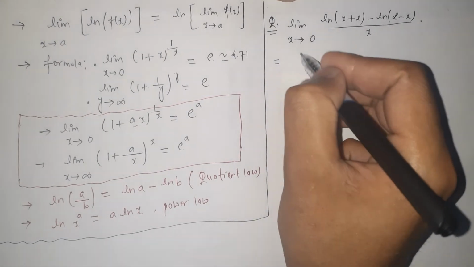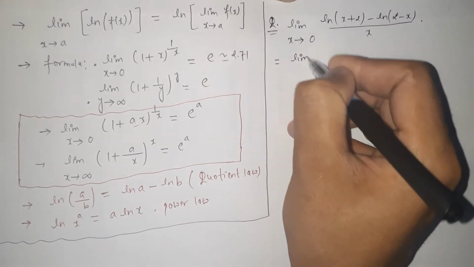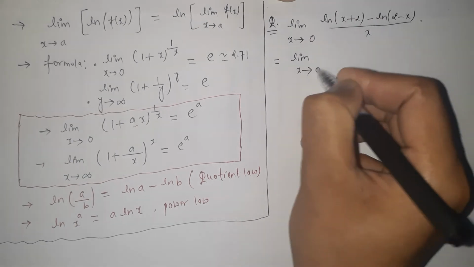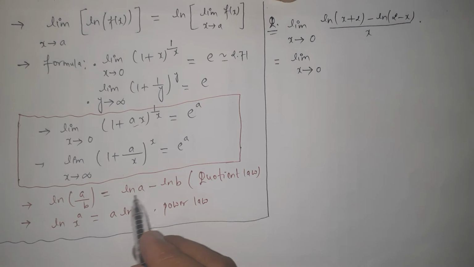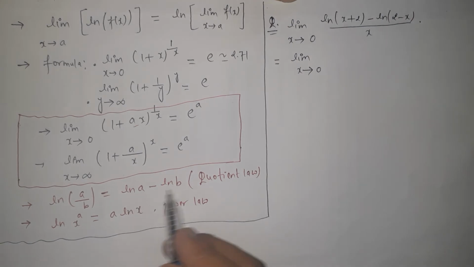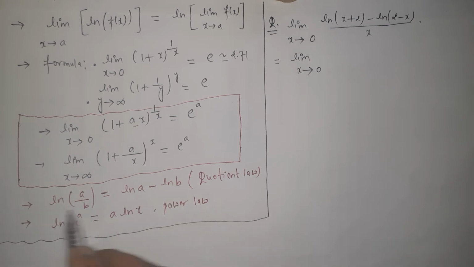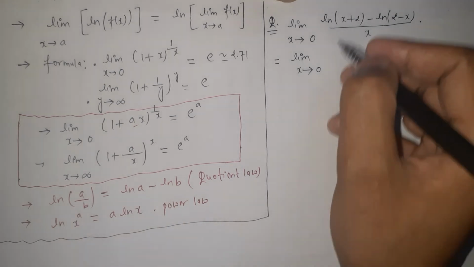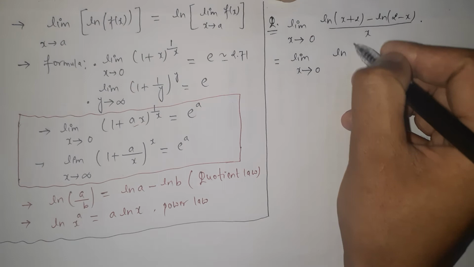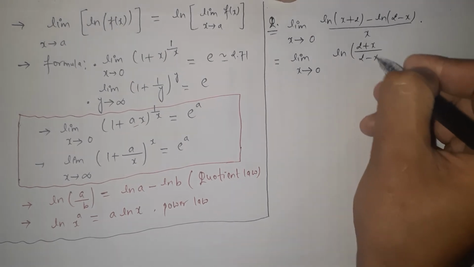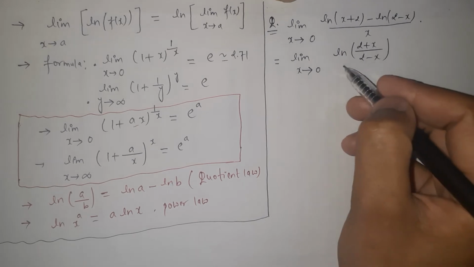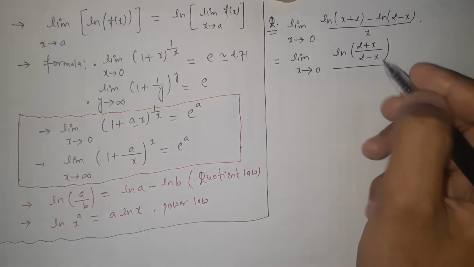Here this can be written as the limit as x approaches 0. In the numerator there is a form like ln a minus ln b. Let's write this in quotient form: ln of 2 plus x over 2 minus x, divided by x.